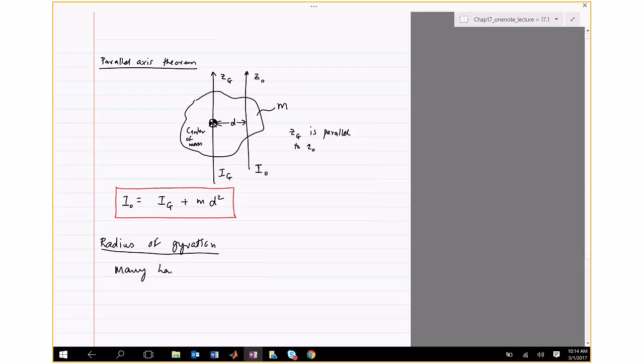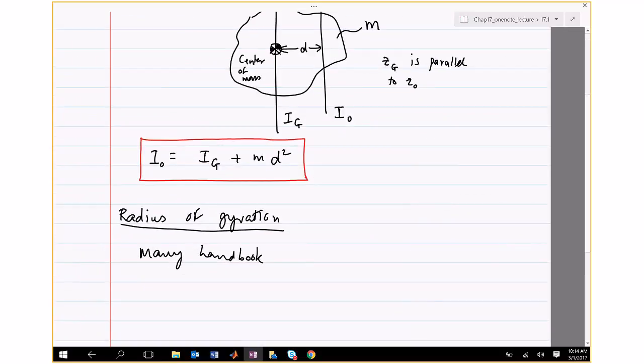Many handbooks give the radius of gyration k of a body.